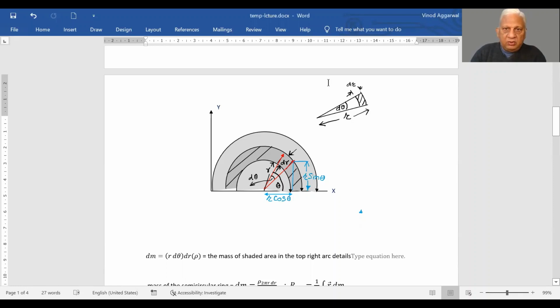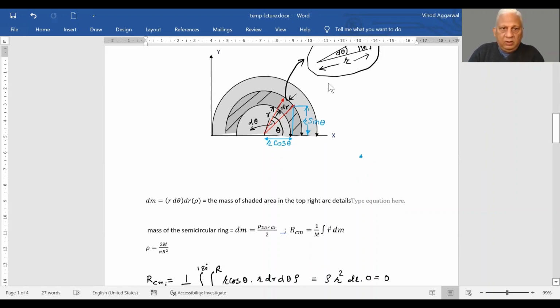Now, this is a slice of what you see here. This is the portion of the disk which is at a distance r, making a small angle d theta within itself, and the width of this will be r d theta. Okay.